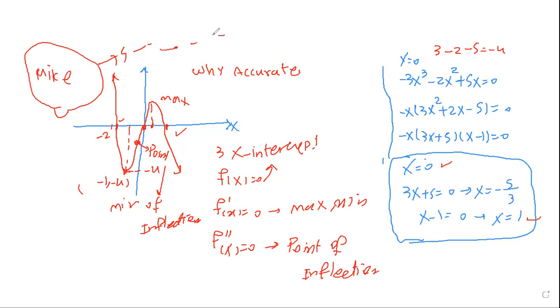After 3 hours, I do another business. Now, you have a function, but you extract different properties. Max, min, point of inflection, and then x-intercept. Make sense? Okay, then we did one good question for this.